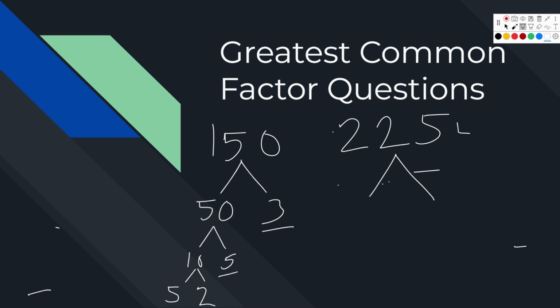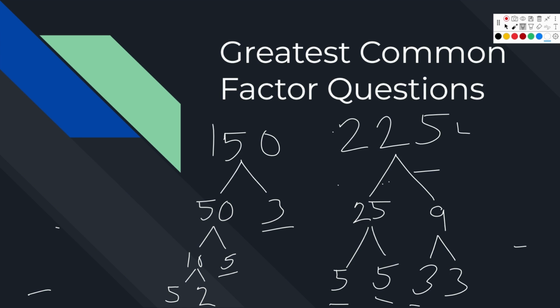Now, this is a harder one to factor just off the bat, but we can say 25 and 9. And then we can say 5 and 5, 3 and 3. So these are all of our factors for each of them.